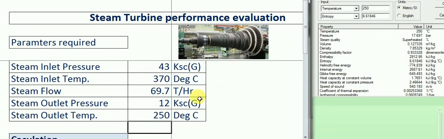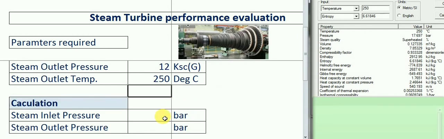It is very simple, and we want to convert into bar absolute pressure, in bar units, for finding enthalpy through the steam table.